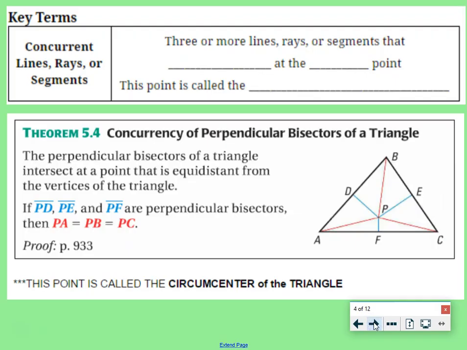Alright, next piece, key terms, concurrent lines, rays, or segments. These are three or more lines, rays, or segments that intersect at the same point. This point is called the point of concurrency.